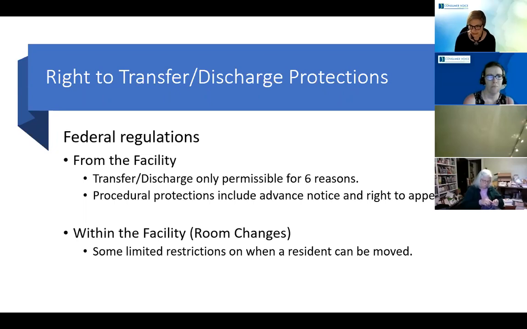There are a few exceptions to that, but that written notice is extremely important because it gives the reason for the transfer. It says where the resident is going. It provides information about how to contact your local ombudsman, and it gives you information about how you can file an appeal, which is the second procedural protection that I want to highlight.